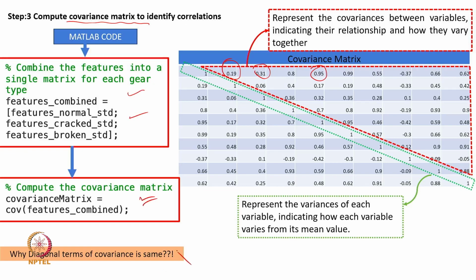The diagonal term of the covariance is equal to 1 because feature 1 and feature 1 have a relation equal to 1, they are 100% matching, feature 2 versus feature 2 100% matching, feature 3 versus feature 3 100% matching. So, it cannot be other than 1.